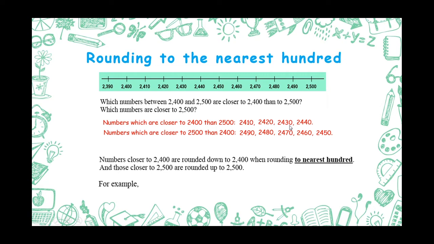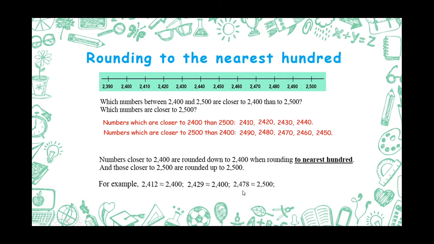For example, 2,412, let's look, 2,412 would be here, and it's much closer to 2,400, so we round down. 2,429, so 29 would be here, and it's closer to 2,400, so again we round down.